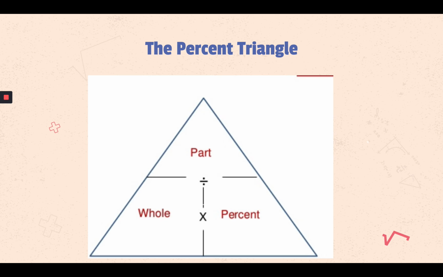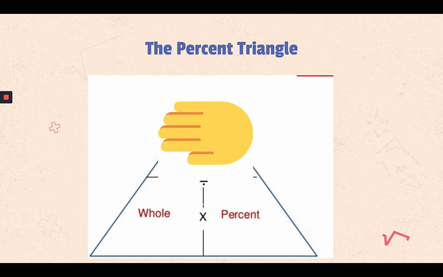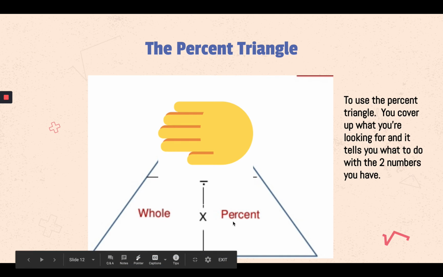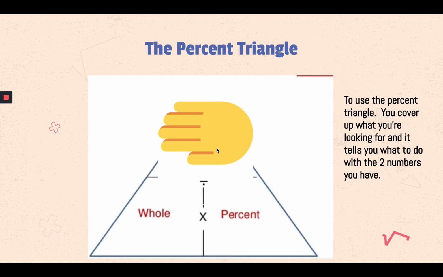And the way it works is if you physically had this in front of you, we used to draw this in class, you cover up what you're looking for with your hand and it tells you what to do with the other two numbers. So whole times percent equals the covered up piece, which in this case is part.